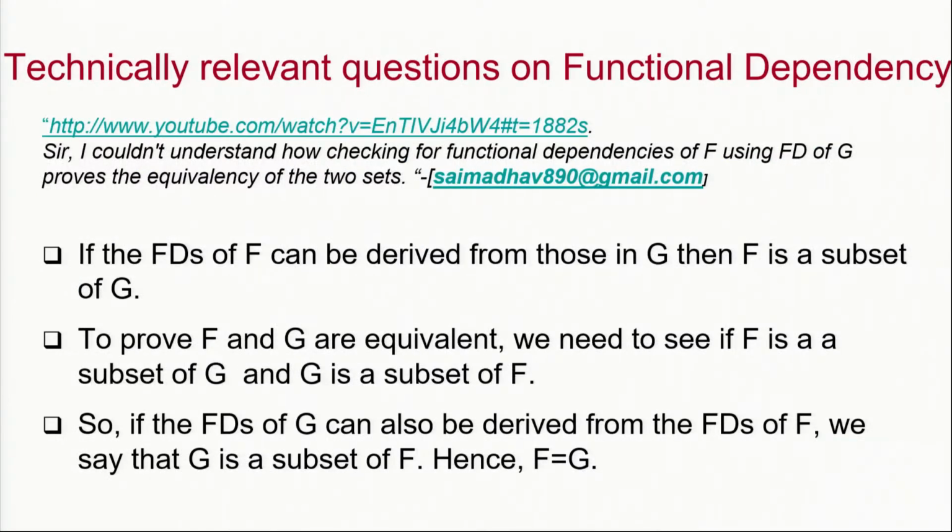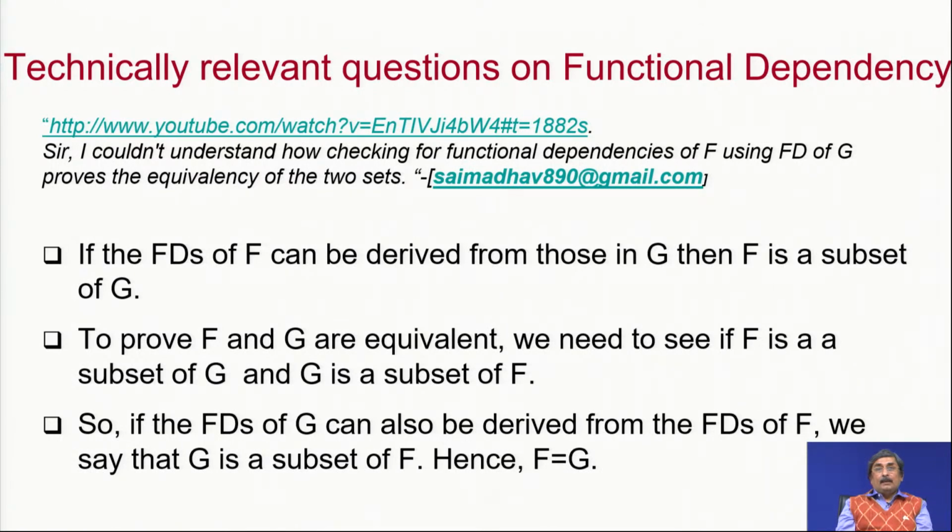Now, functional dependency. For the same relation, for the same table, I may have two sets of functional dependencies, and sometimes those two sets are the same, logically the same, right, but syntactically they may be different. Now, the question is how do I know that they are equivalent.